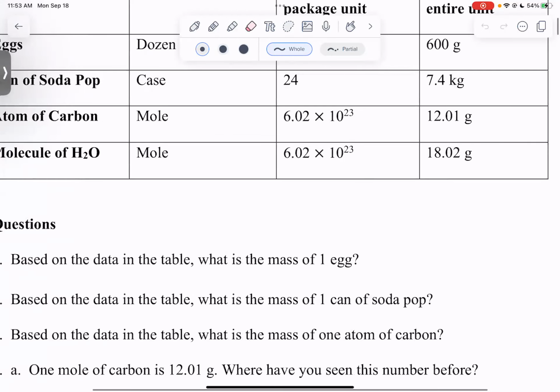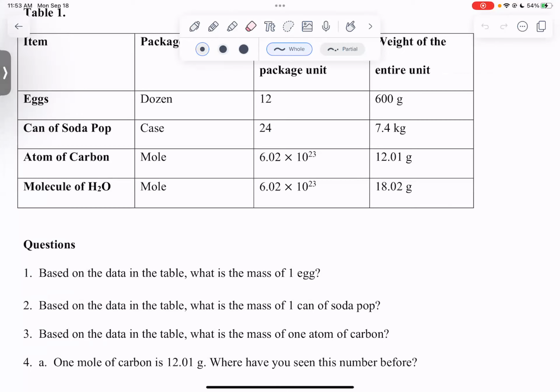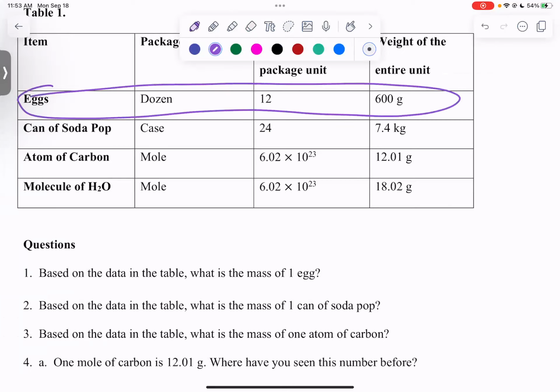So based on our data in the table, what's the mass of one egg? So here's our egg information. What I know from this information is if I have 600 grams of eggs, that means that I have 1 dozen eggs. So 600 grams in 1 dozen eggs.